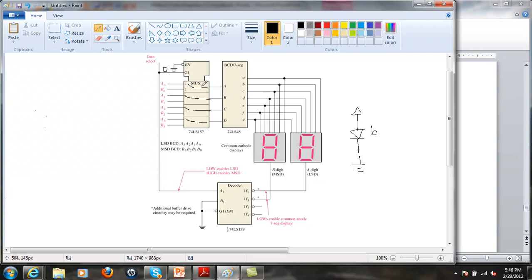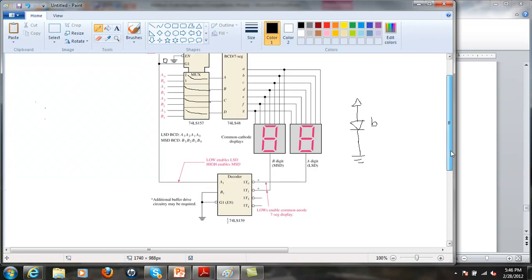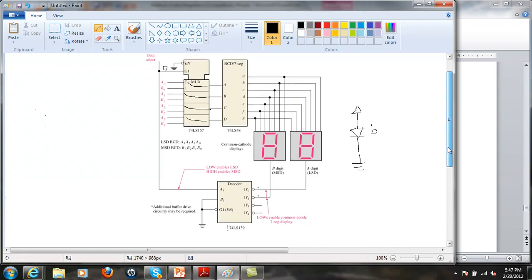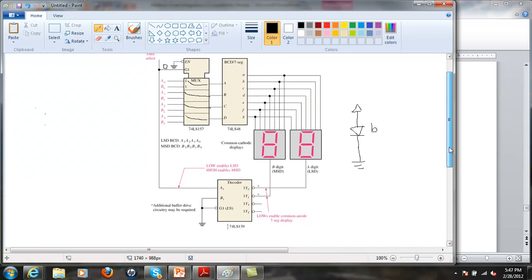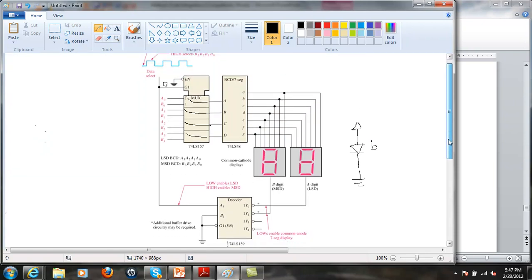If I put a 1 in here, the number B0 would be fed through the output, and it would illuminate this digit, and you could have 2 different digits appear here on these 7-segment displays. I know that's a little confusing to understand, but if you actually were to build it, I think it would be clear. We're going to build stuff like that in Quartus, because those boards you have allow you to do that.